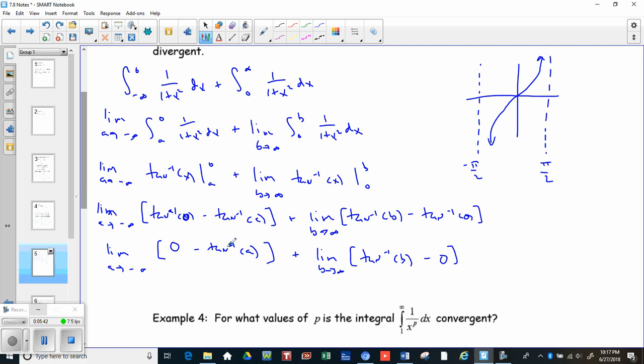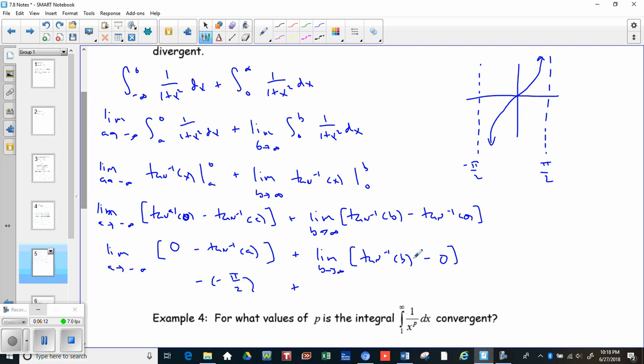So what you want to think of is plugging negative infinity in here. So it's inverse tangent of negative infinity, or what angle is going to approach negative infinity. Well, tangent approaches negative infinity as the angle approaches negative pi halves. So this is 0 minus negative pi halves.